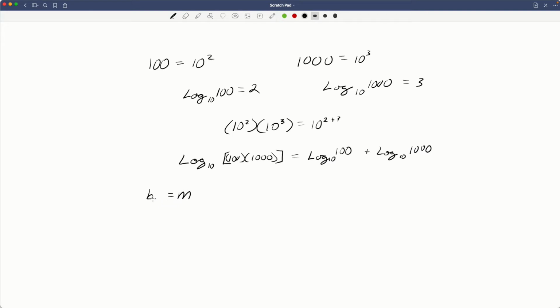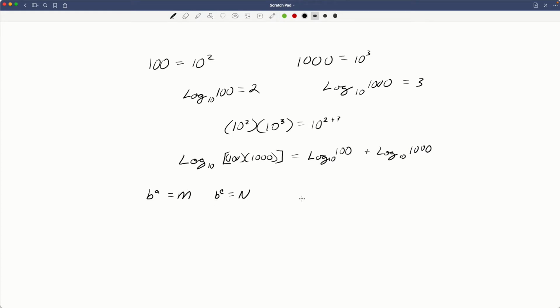We put in a as the exponent, and we let n represent 1,000. We could say b is the base times some other exponent is equal to the second value, but they have the same base.